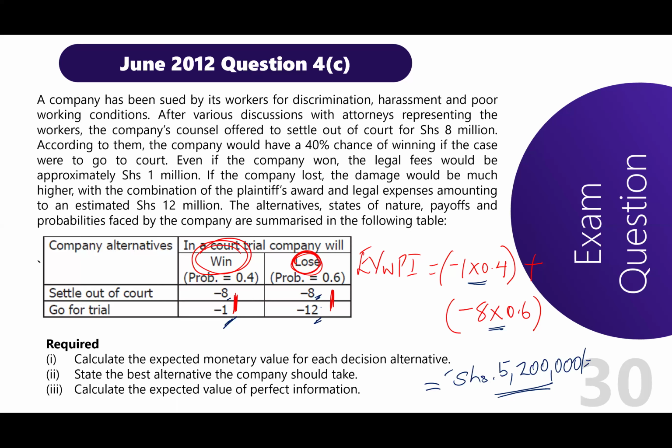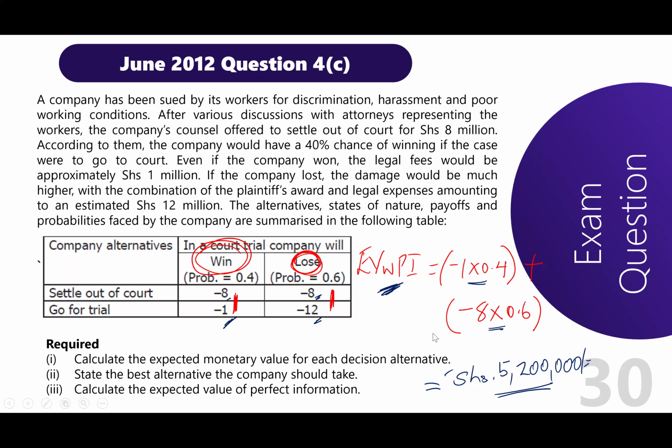A negative is a loss, yes, but you cannot compare a loss of 1 million to a loss of 8 million, or a loss of 8 million to a loss of 12 million. So this is how we get the expected monetary value with perfect information.